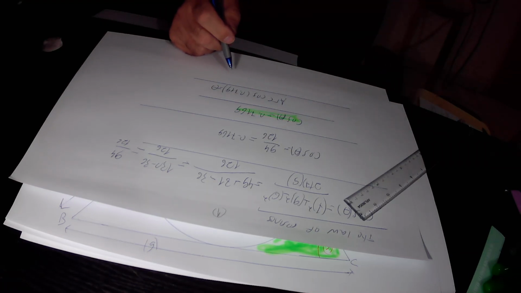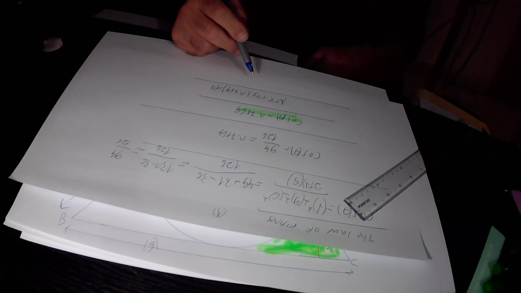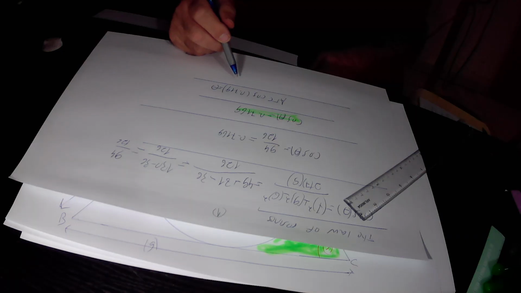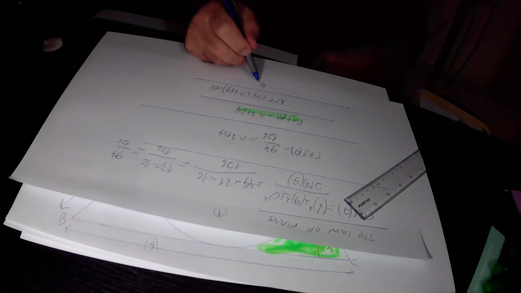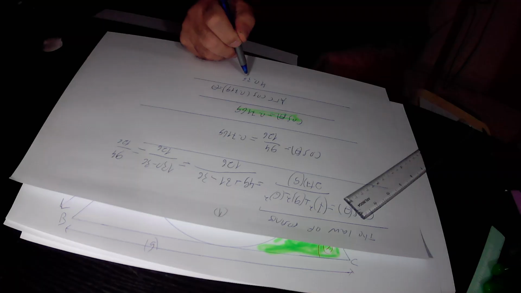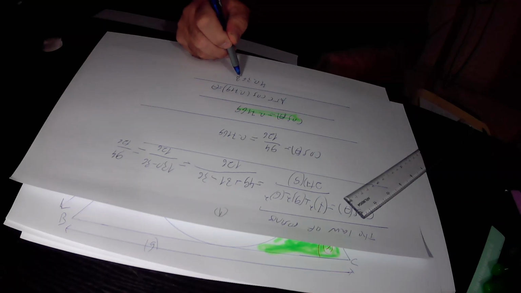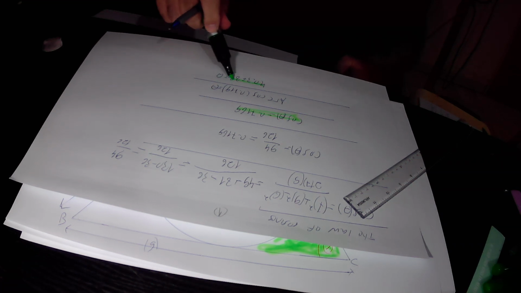You can find in any scientific calculator that arccosine of 0.7169 is equal to 40.368 degrees. So we found out that angle theta equals 40.368 degrees in size.